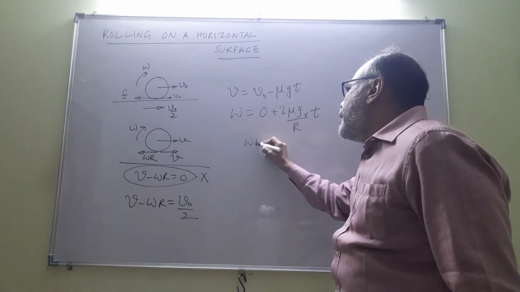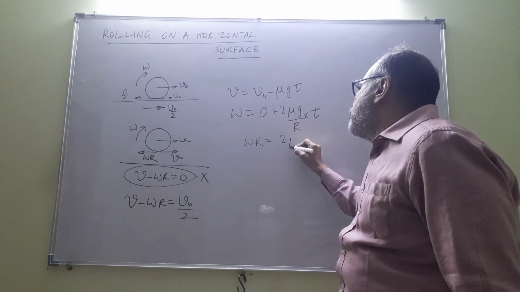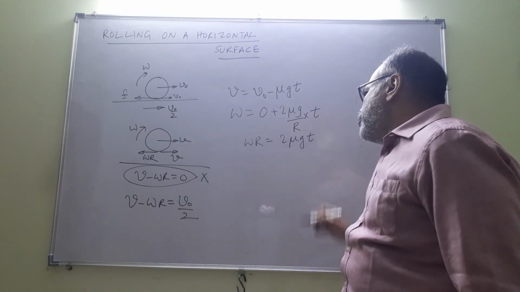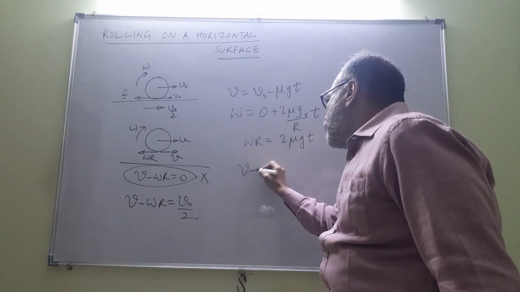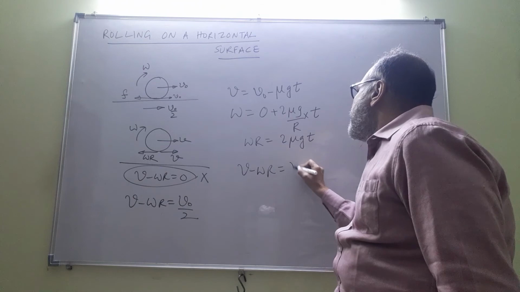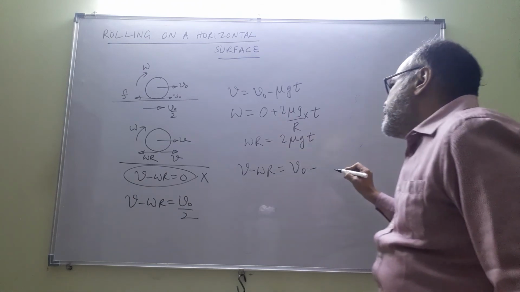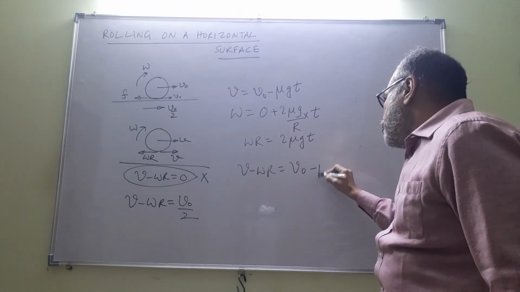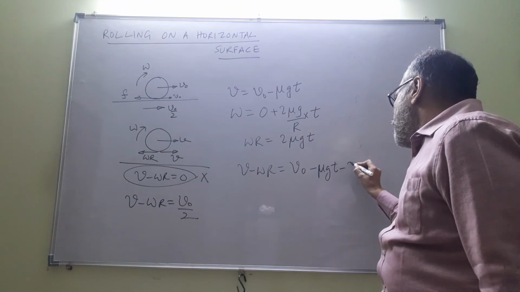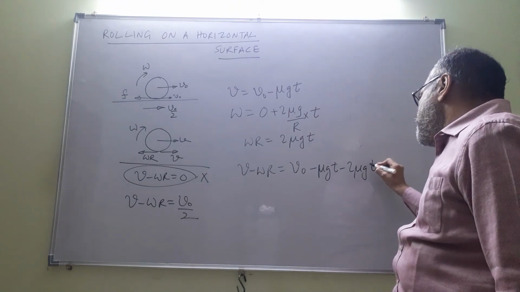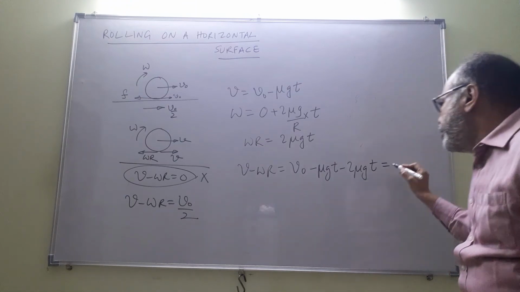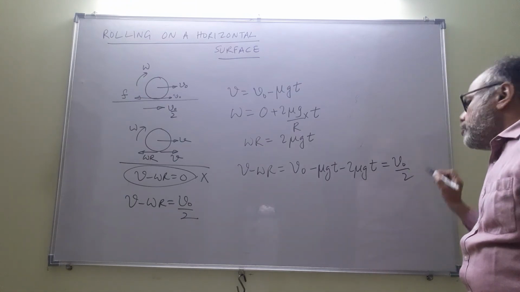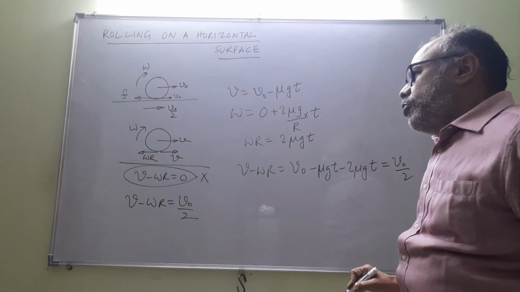So omega r would be 2 mu g into t. So what is v minus omega r? v minus omega r will be v naught minus mu gt minus 2 mu gt, that we are saying should be equal to v naught by 2. That is the condition for pure rolling now.